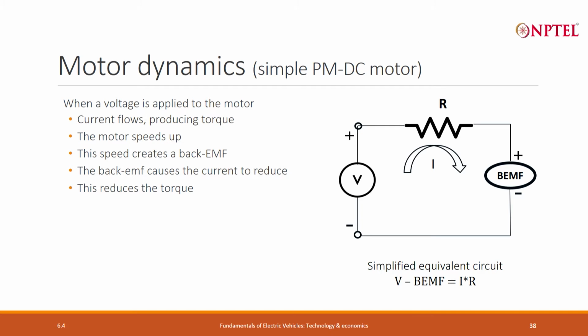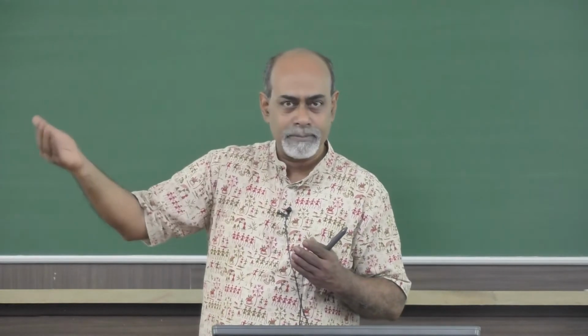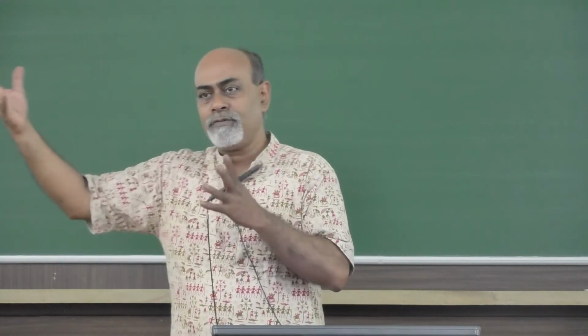This large current will result in a large torque, which will cause the coil to rotate and cause it to accelerate, because torque will translate into acceleration. So, the speed starts increasing. As the speed starts increasing, the back EMF starts increasing.